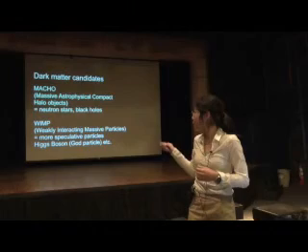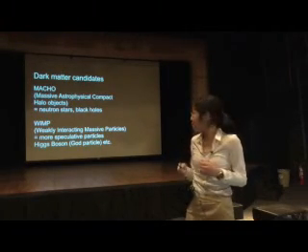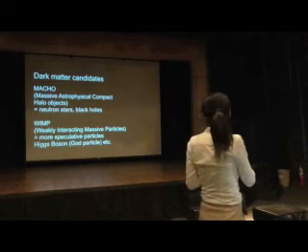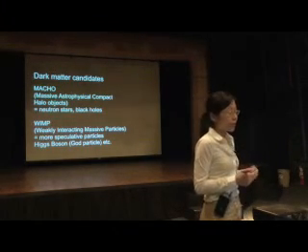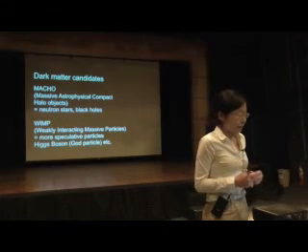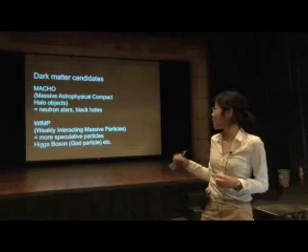So those could be part of the matter that contributes to the gravity. The second class are just a new type of particles called weakly interacting massive particles, WIMPs. And physicists are really studying those.